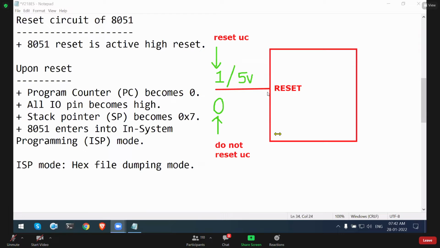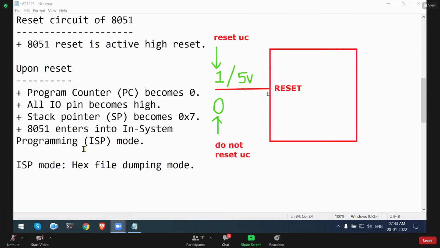Upon reset, all IO pins high means they will work as input pins. Those who don't know what is input or output, we will discuss in the coming topics. But those who know this concept, remember that in 8051 there is no such setting called input direction and output direction. This input direction and output direction setting is only given in highly advanced microcontrollers. Those settings are not given for 8051.